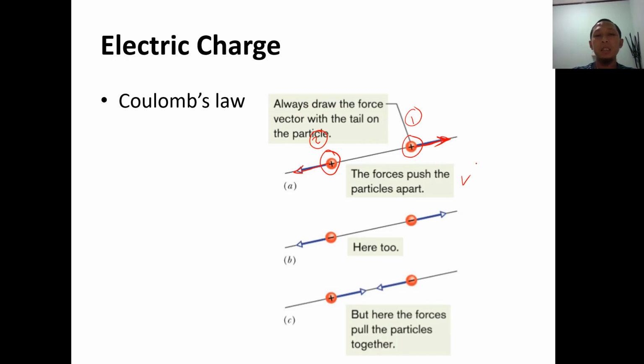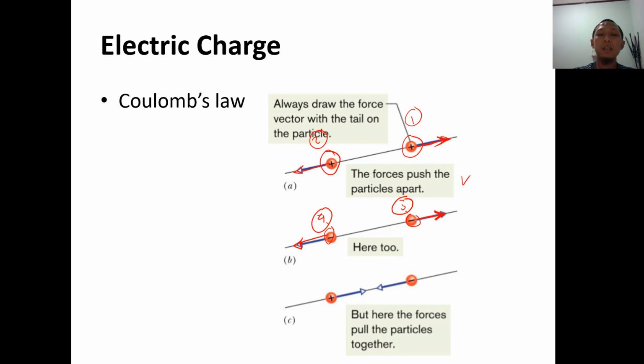It's similar if this is negative and this is negative. This is the force because of particle 4, and this is the force because of particle 3.